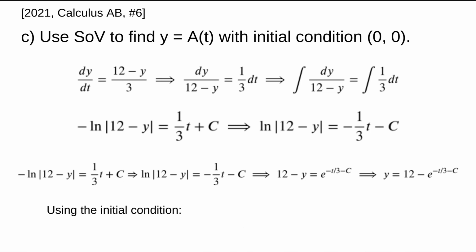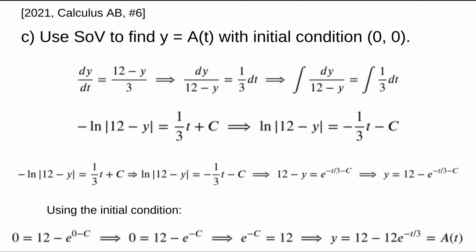Then using that initial condition, we can eventually solve for e to the negative C, that's 12, and then rewrite A of t using the known values. y is equal to 12 minus 12 e to the negative t over 3 would be the function A of t.